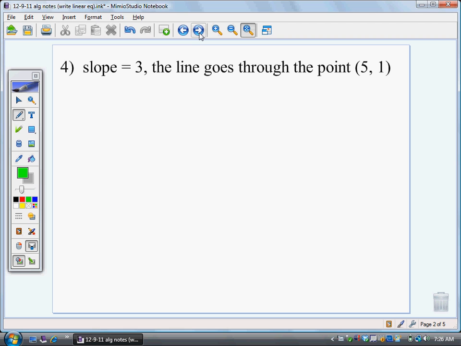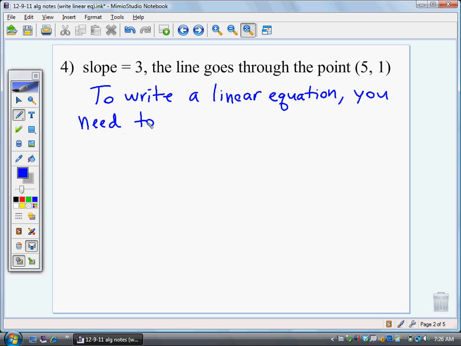To write a linear equation, you need to know two things: slope and the y-intercept.